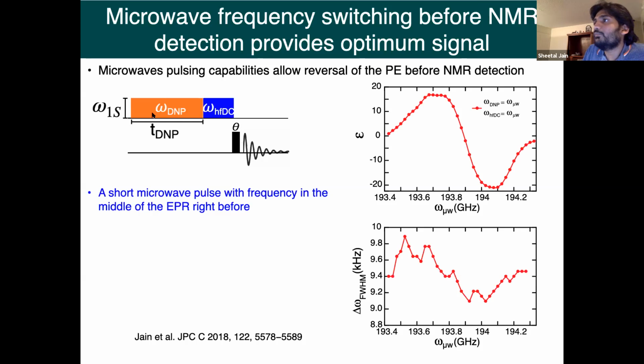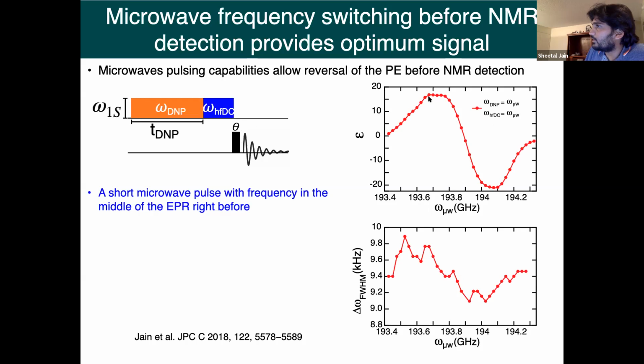At the same time, we can build up our signal with this long irradiation at the optimum frequency. So in this case, I'm showing you the results where we vary the microwave frequencies during both the blocks, while keeping both of them the same.